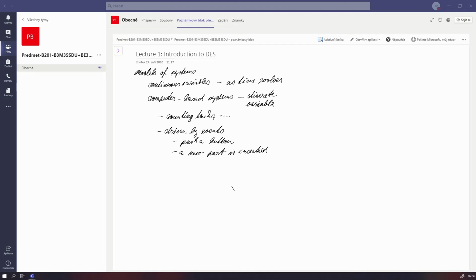Another example, which also relates to computer-based systems, is communication protocols.